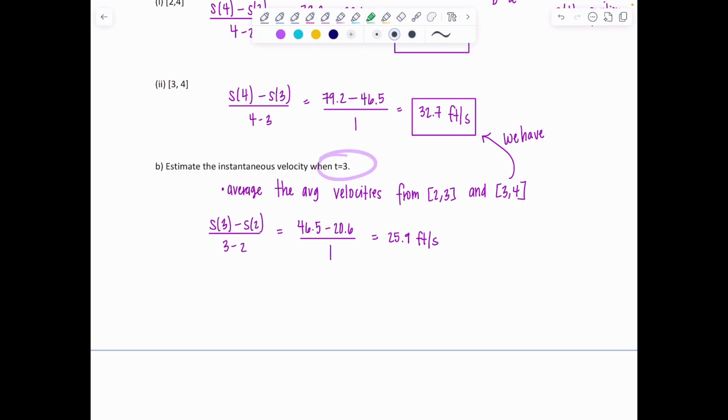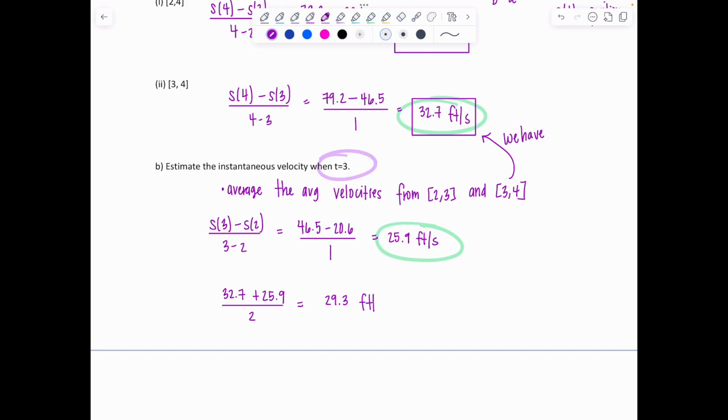I'm going to take this value and average it with 32.7, meaning I'm going to add them together and divide by 2. So 32.7 plus 25.9 divided by 2 gives me 29.3 feet per second. Okay, very good. Make sure you know how to do this. They love putting a question like this on there.